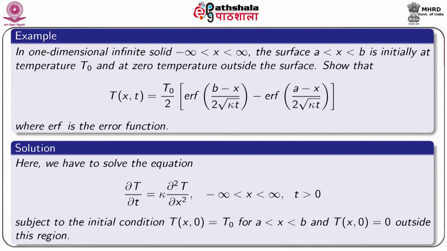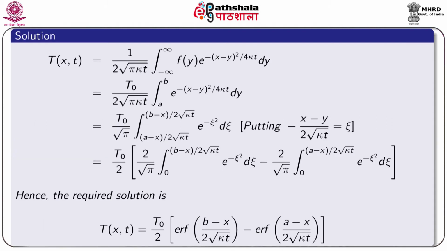So, the problem can be written as: we have to find the function capital T which satisfies the one dimensional heat equation, which is written here, subject to the initial condition T(x, 0) equals T0 for a less than x less than b, where T0 is some constant, and T(x, 0) equals 0 outside this region. Now, if we look at the general or fundamental solution, the expression for capital T can be written in this way.